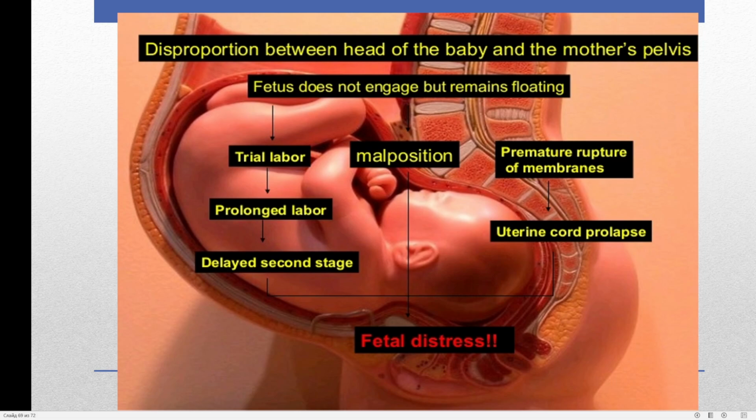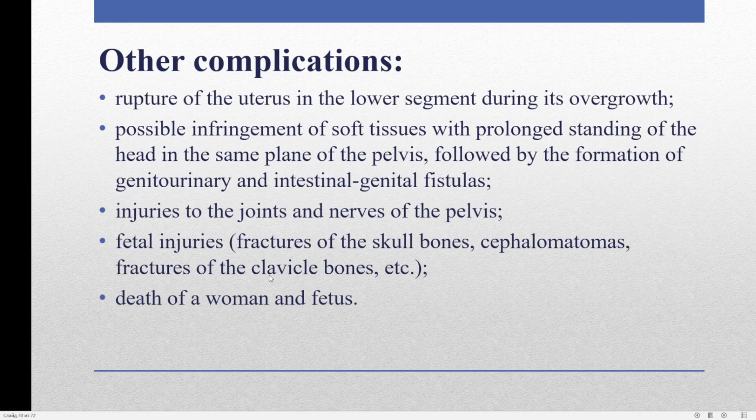I explained it before. Maybe umbilical cord prolapse, or, with all these factors, fetal distress can be provoked. I repeat again, with prolonged labor there is an increased risk of infections during labor.